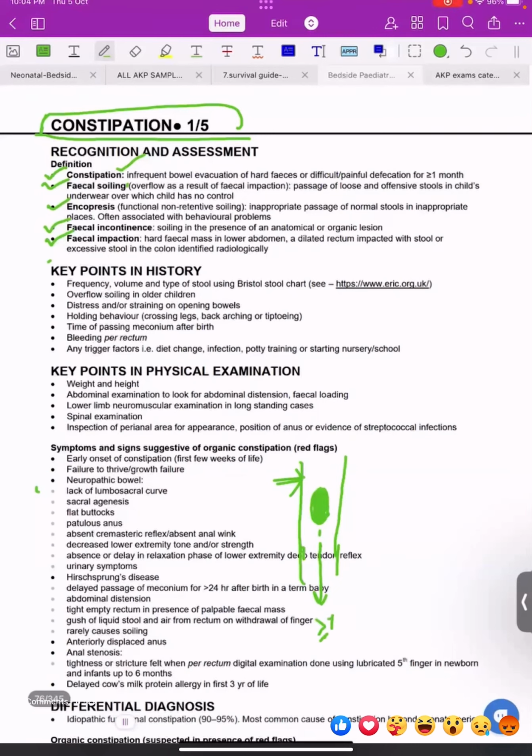So here they have decided the duration. It's not 2 to 3 times per week or 1 or 2 times per day. No. They say whenever any patient feels difficulty in passing stool and that lasts for 1 month or more than 1 month, this is a state of constipation.